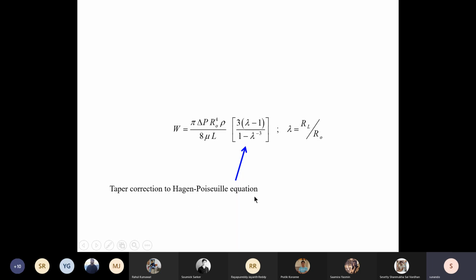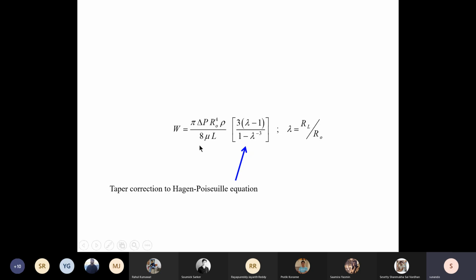And of course, whenever we do that, we have to keep in mind that this is only true if the variation is small. It is true when the variation in radius can be approximated by a linear relation between the entry and the exit.